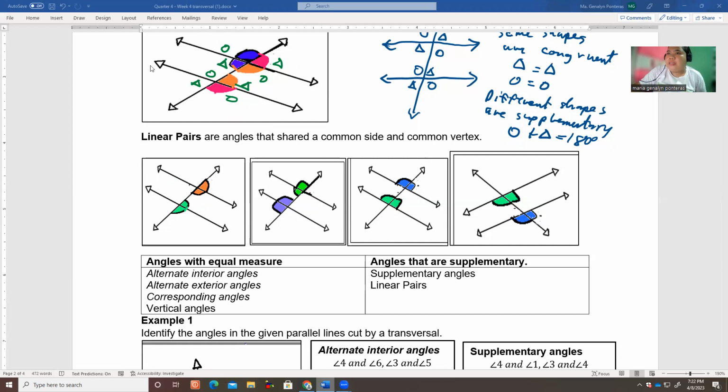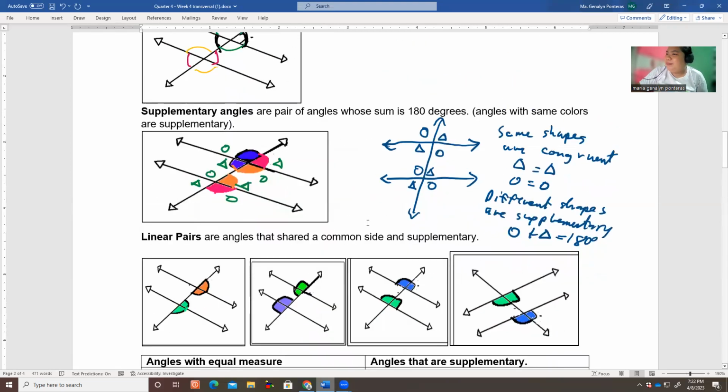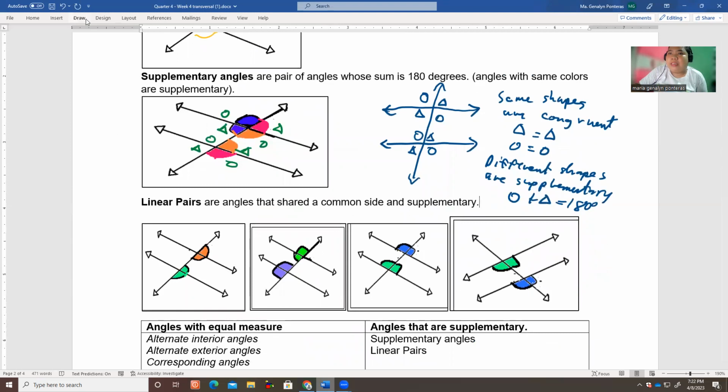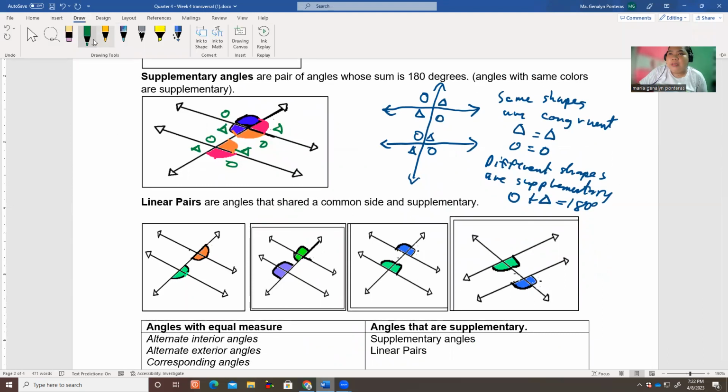So not necessarily a common vertex, they share a common side and are supplementary. Maybe it's just a mistake from copy pasting from vertical angles.